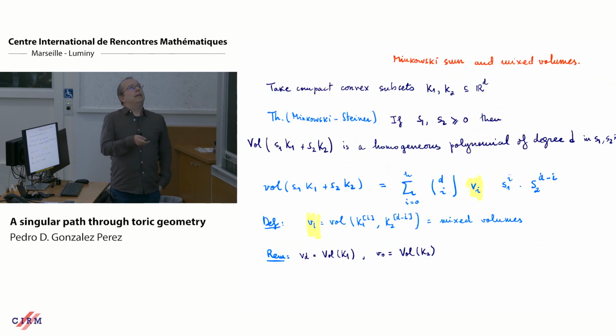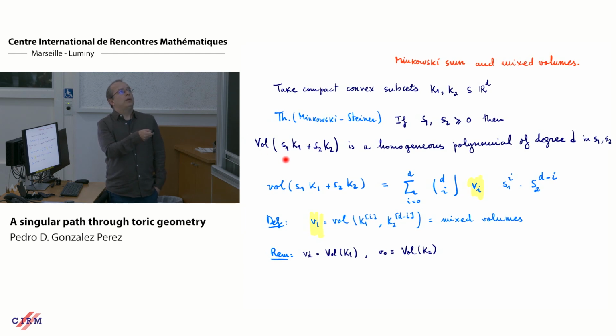Now, let us come back to the notion of Minkowski sum of two sets, where we take the sum point by point. We have this theorem of Minkowski and Steiner, which tells us that if we take two numbers, s1 and s2, and we compute the volume of this Minkowski sum, this is expressed as a homogeneous polynomial of degree d in s1 and s2 of this form.